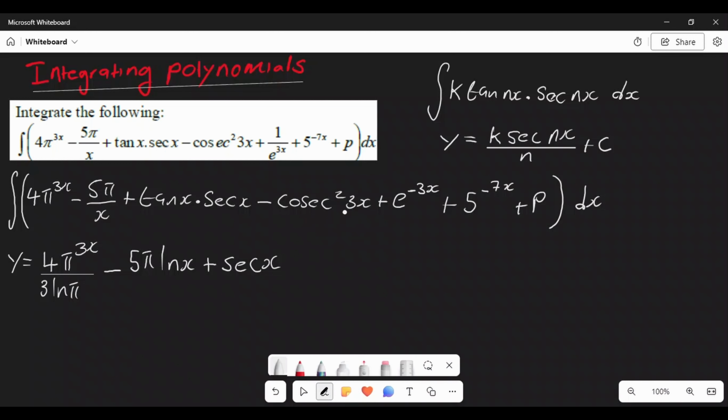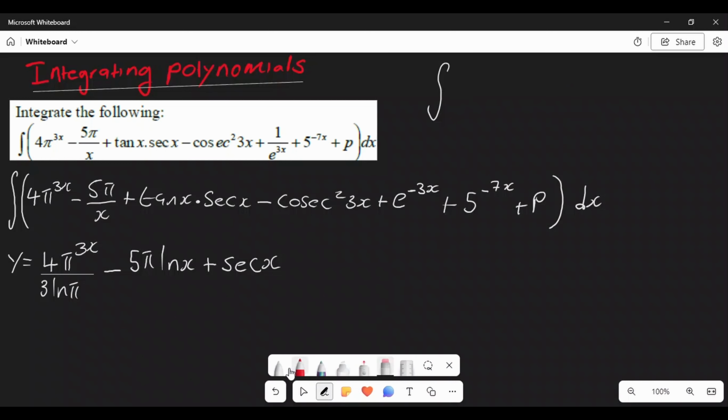The next one here, which is the fourth term now, is also a trigonometric integral. As you can see, we have cosec squared 3x. So like I said, when you integrate the trigonometric ratios, you must divide by the coefficient of x. So let me just erase this very quickly, guys, so that I can write the cosec.